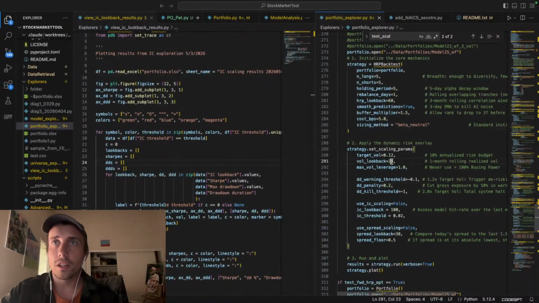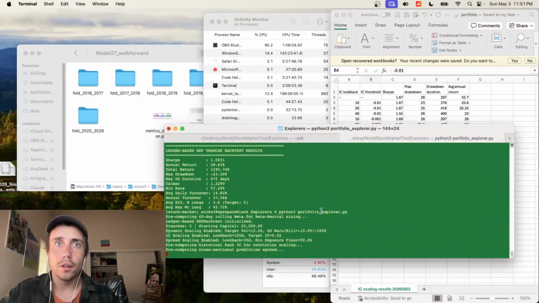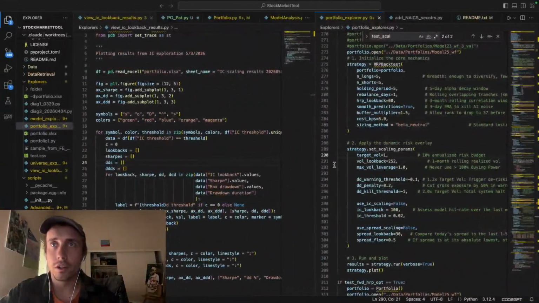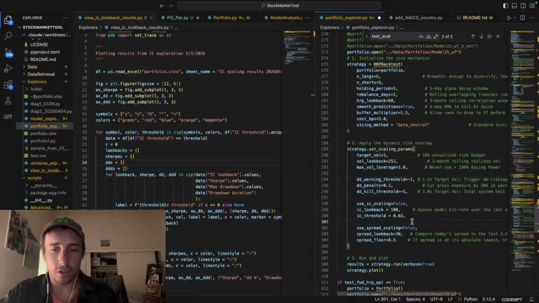So let's say in the last year, let's accept volatility of 1. And how does it do? So that should be drawdown warning threshold -1. And then it should just be max exposure the whole time.